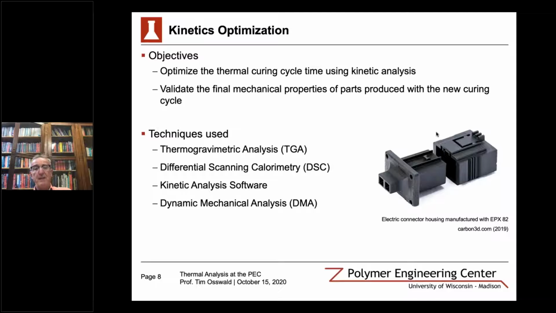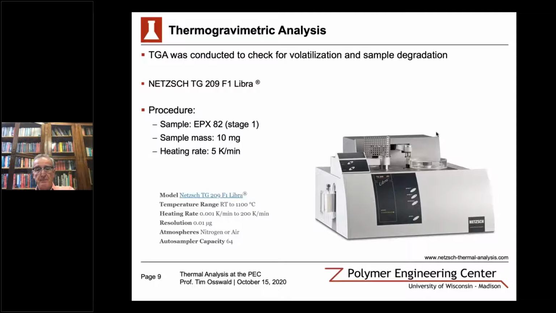We use thermogravimetric analysis to see what maximum temperatures the green part could have. We use differential scanning calorimetry to characterize the curing reaction, and we used the NETZSCH kinetic analysis software, and then we used dynamic mechanical analysis to characterize the mechanical properties of the finished parts.